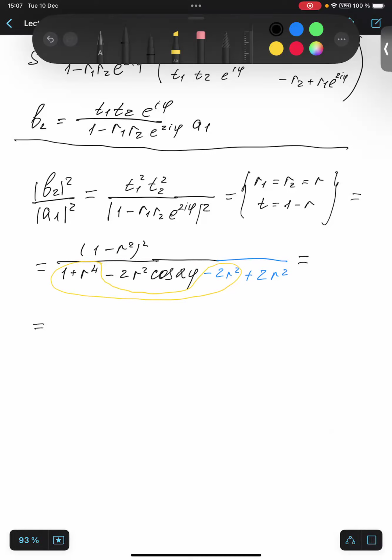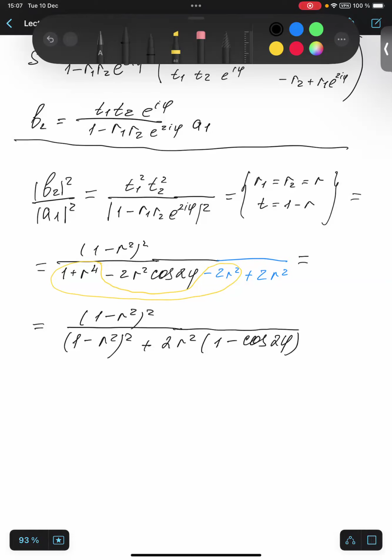Next, what we have here, also 1 minus r squared plus 2r squared times 1 minus cosine 2 phi. We also can simplify it further. Just divide by 2 and multiply by 2.